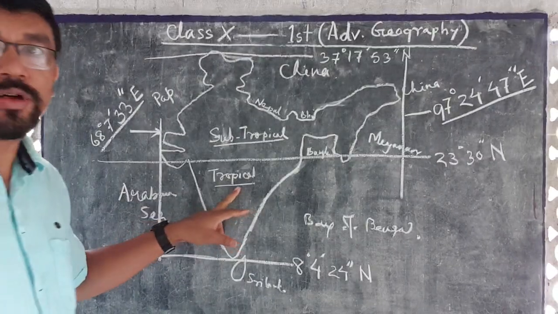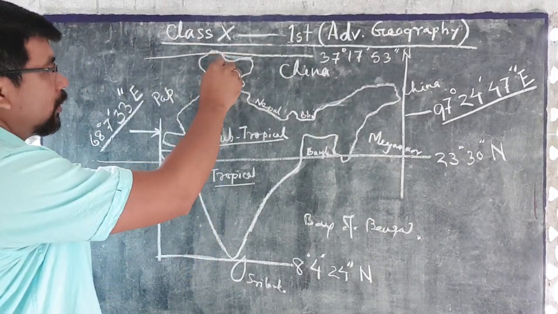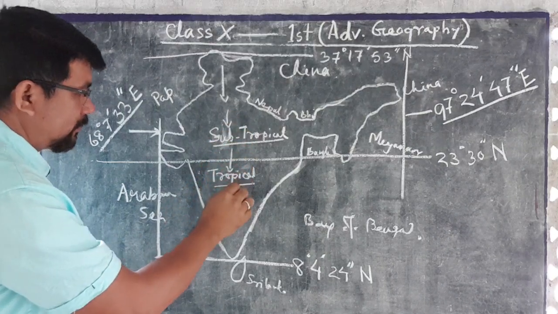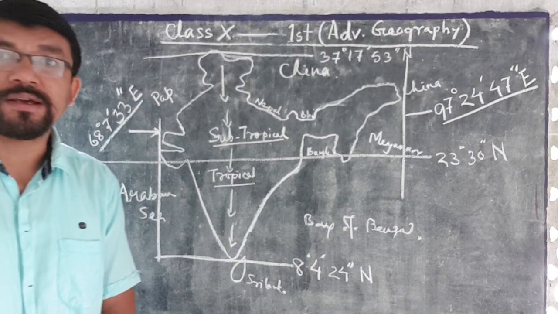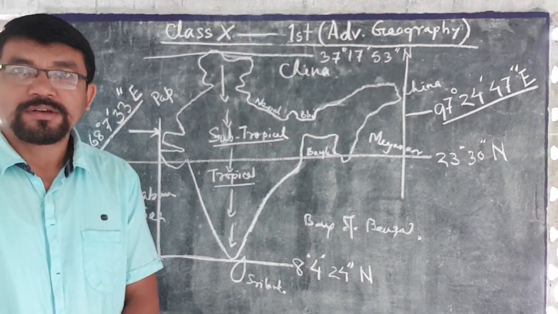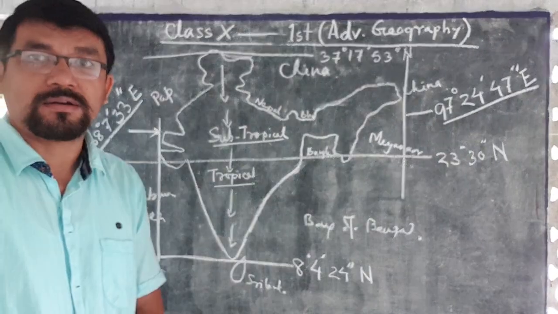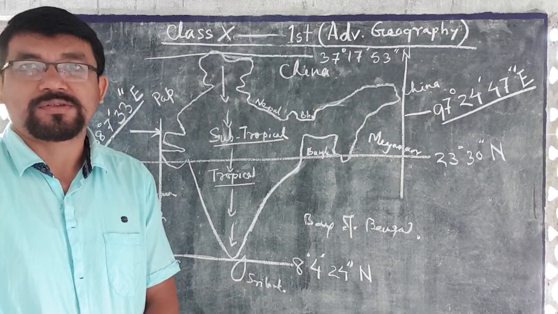And you have to remember that if we move from north to south of India, gradually temperature is increasing. Therefore, South Indian states are more warmer than the North Indian states.